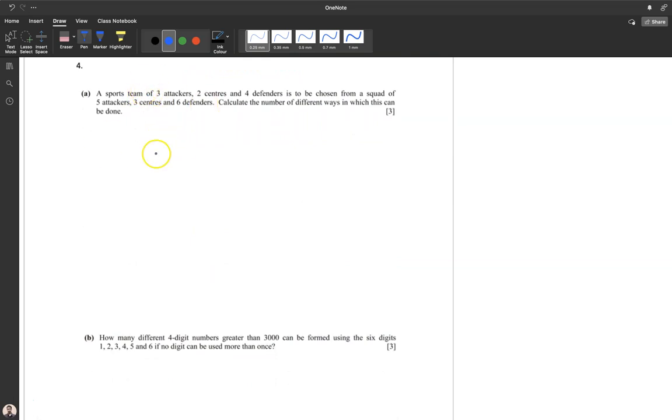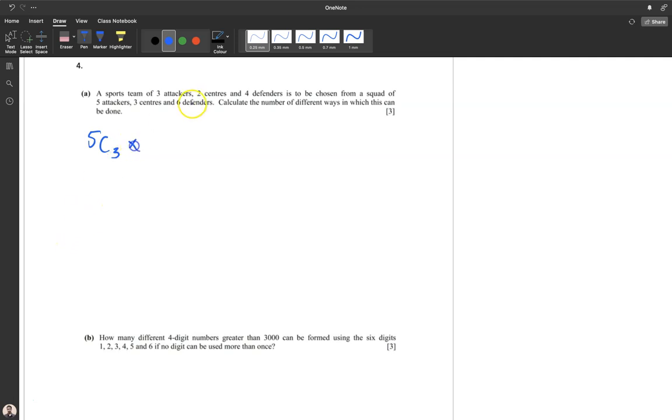This question is quite simple already. A sports team, 3 attackers, 2 centers, and 4 defenders, and so on. Calculate the number of different ways it can be done. They have so many people, but we just need to choose certain numbers. For attackers, we have 5, and we just need 3 of them.